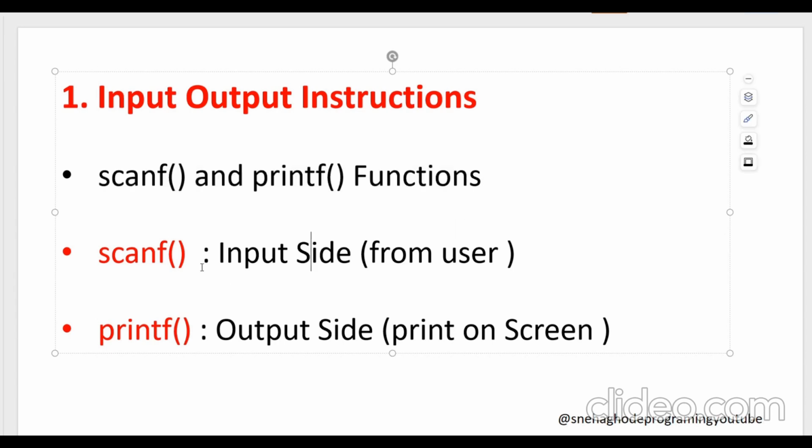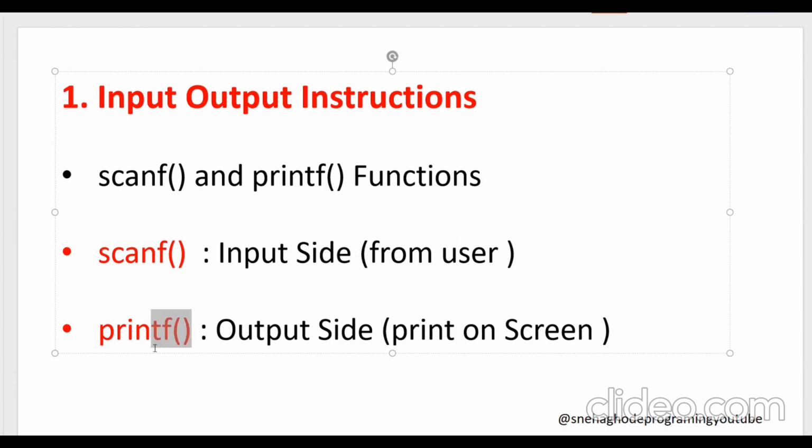As I told, here we can see scanf with opening and closing brackets, which means it is considered a function, and the definition of this function is written in the header file, that is, the standard input output header file. The scanf function is used for getting the value from the user and storing it in a memory location with a particular variable name.